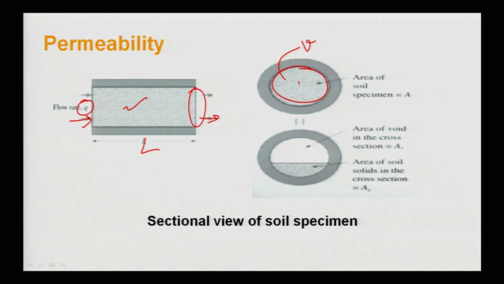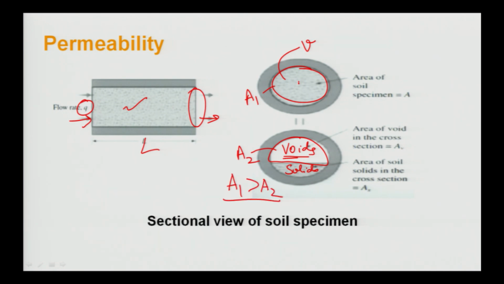But in actuality, the soil contains voids and also solids. Will the flow take place through the solids? No, it will flow through the voids, the interconnecting spaces between the solids. So, the flow takes place in this area, say A2, while this is A1. A1 is clearly greater than A2.